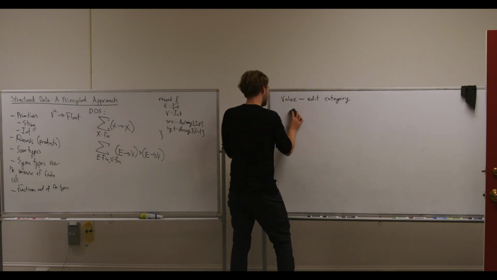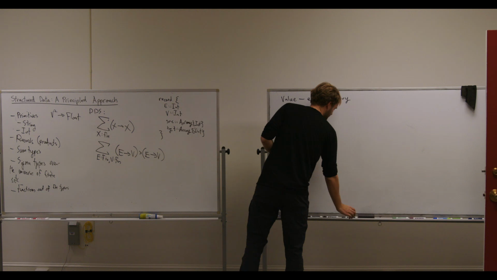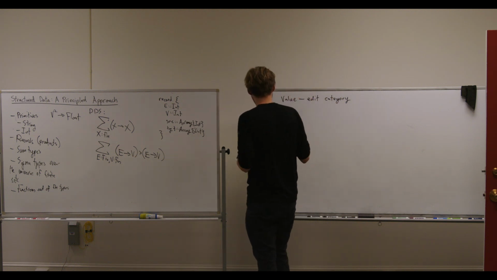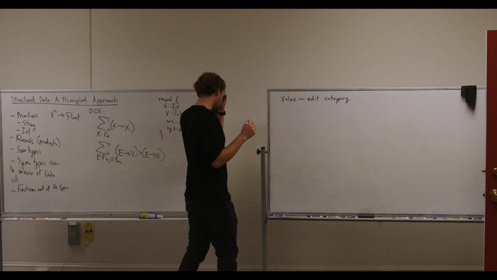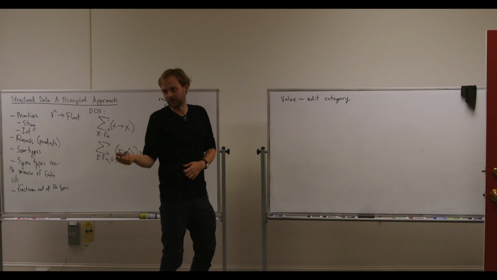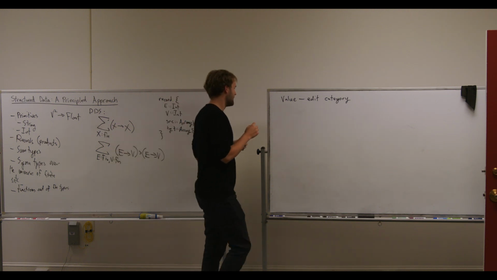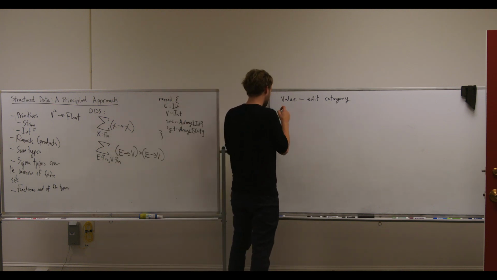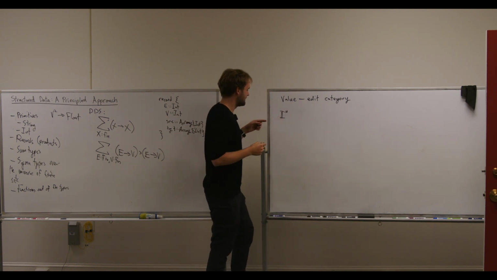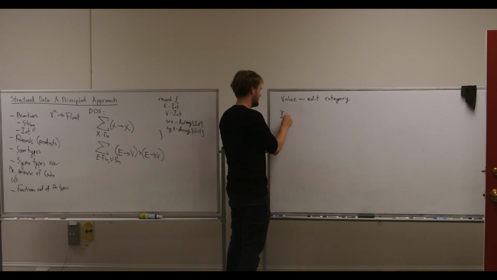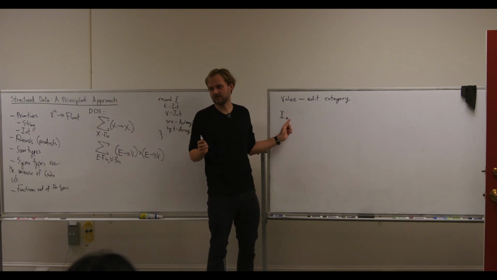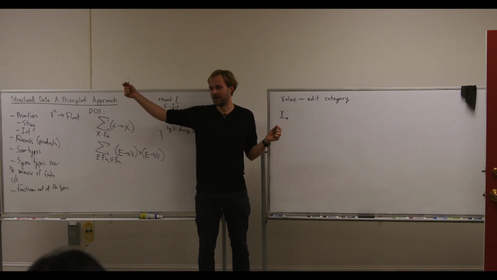So instead, here's another possible definition for a history. I'll write I_n, the linear order on n steps.